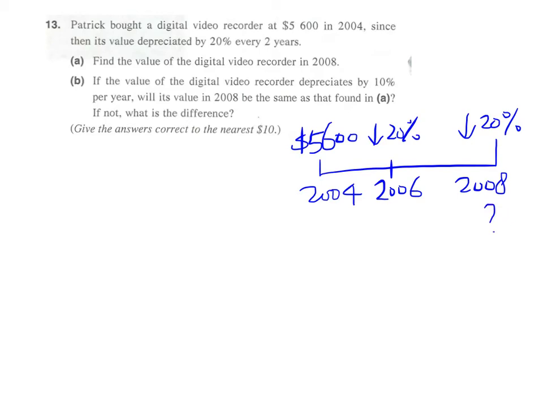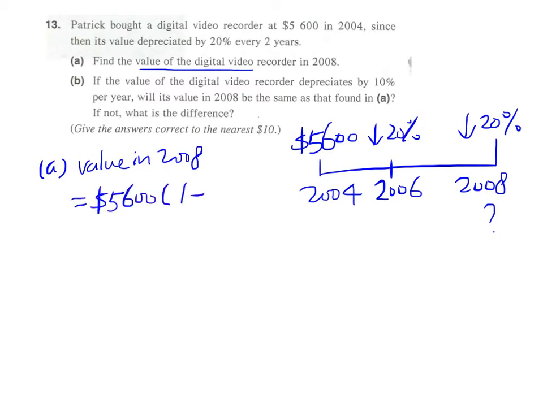And now, if we are required to find the value of the recorder in 2008, we can again make use of the formula. P times 1 minus R, 20%.